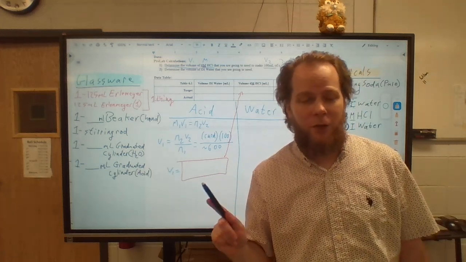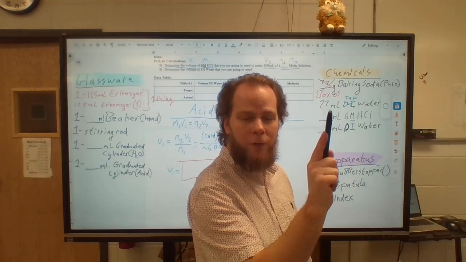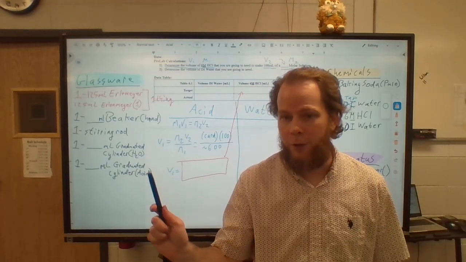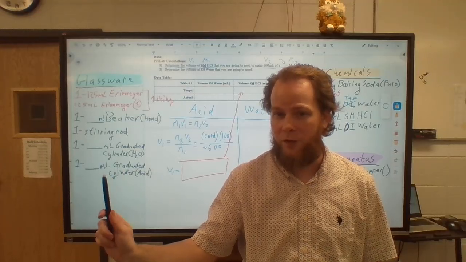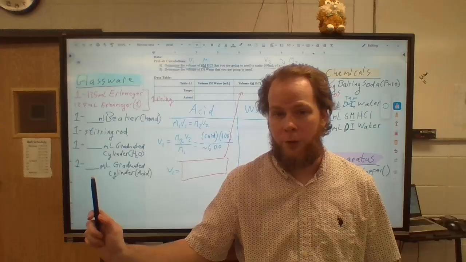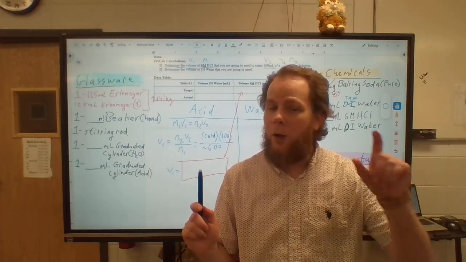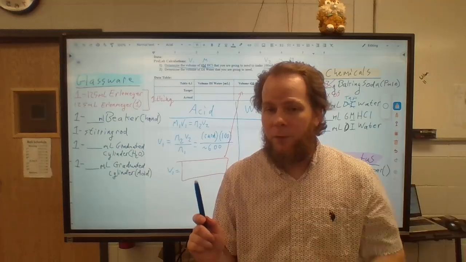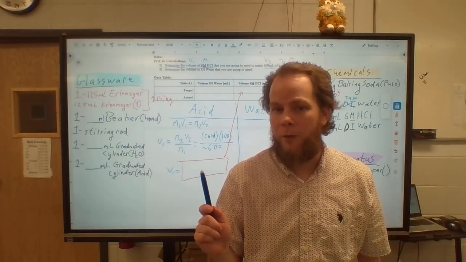Once you have this number, you can also put it here under chemicals and come over here to your acid grad cell, and make a note of how big of a graduated cylinder you need. This should be more than this. Now, that said, if this is 35, you don't have to use a 100 mil grad cell.